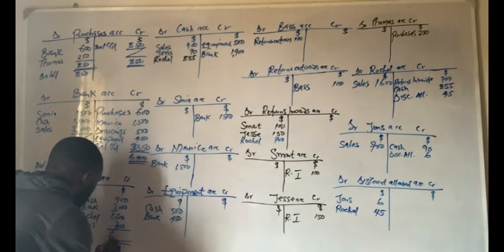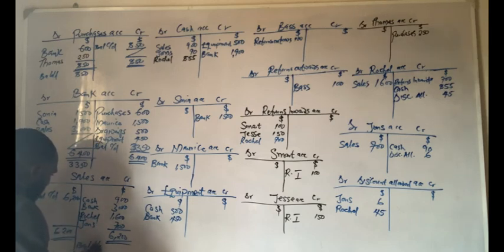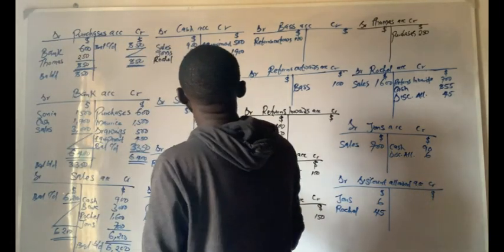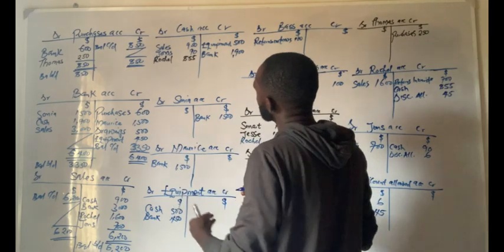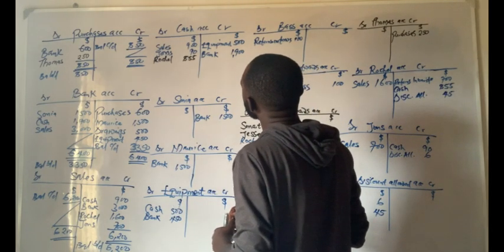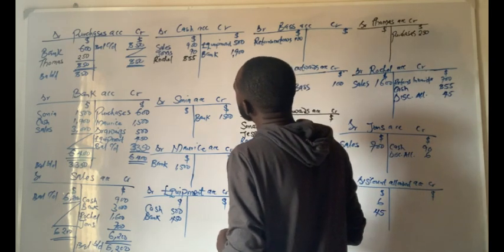So our balance carried down is 6,200, our total is 6,200, and the balance brought down is still 6,200. So we close this as usual. These accounts are closed. Here we're going to sum up this one also. From the look of things, I think this is 2,100.